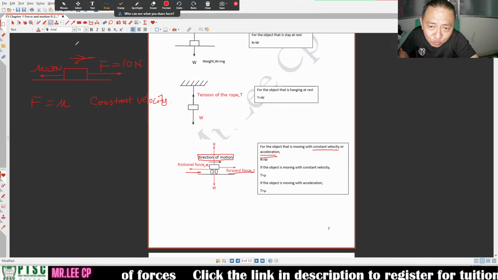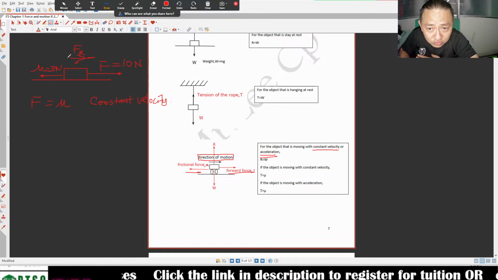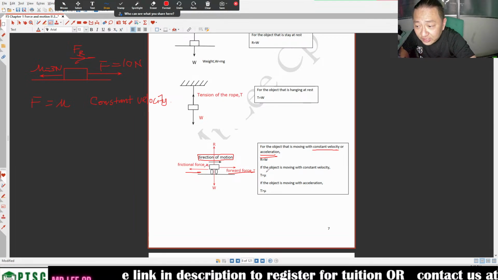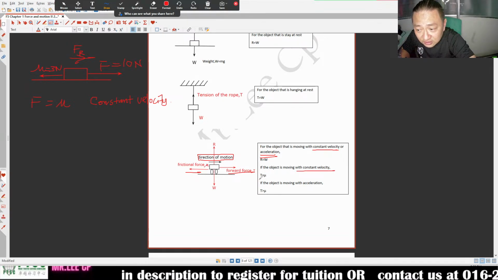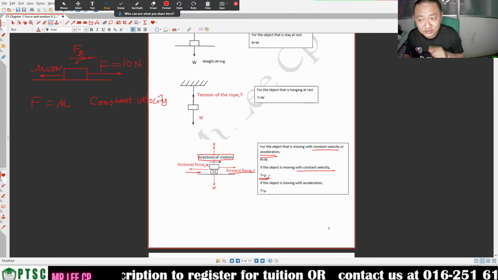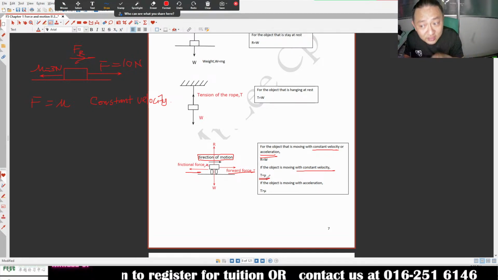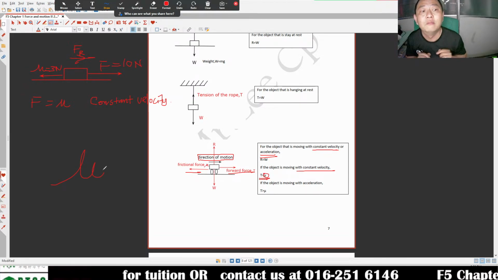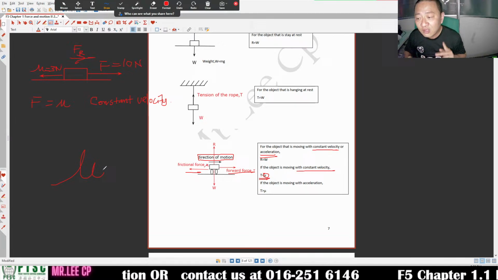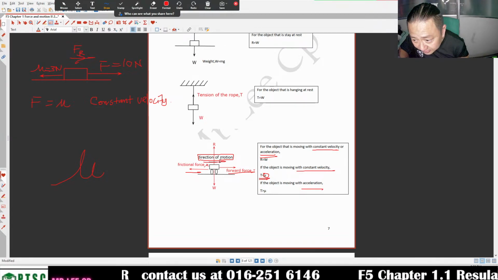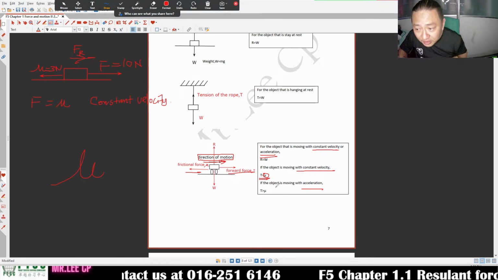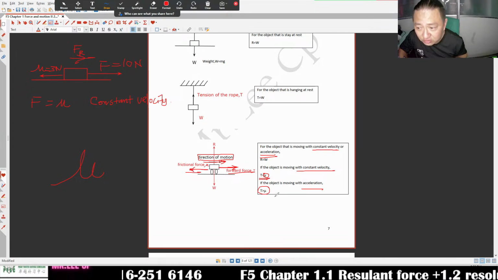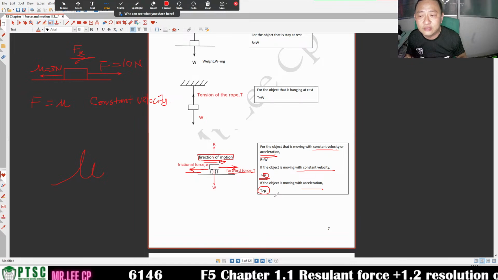That's why it has a net force, or resultant force, then it can accelerate. So if the object is moving with constant velocity, the forward force, I call it T right now, equals the frictional force. I use mu for the frictional force, easier for me. If you say it accelerates, the forward force is more than the friction, then it can accelerate.